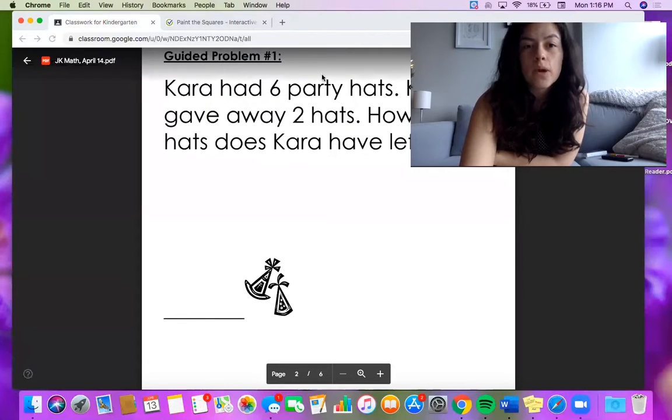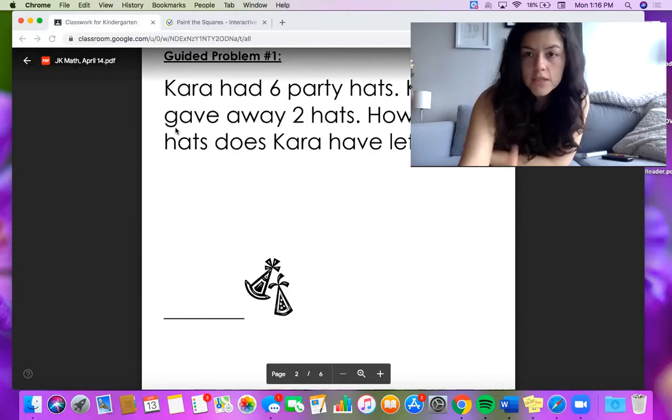Guided problem number 1. Kara had 6 party hats. How many did she have? 6. Kara gave away 2 hats. How many hats does Kara have left? All right, now before I start my problem, I am going to circle my important numbers.